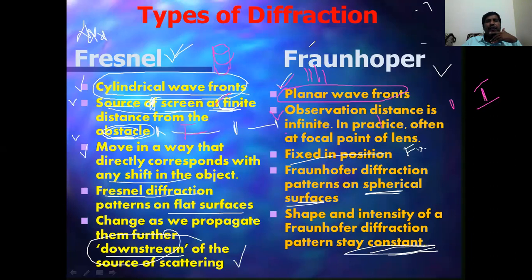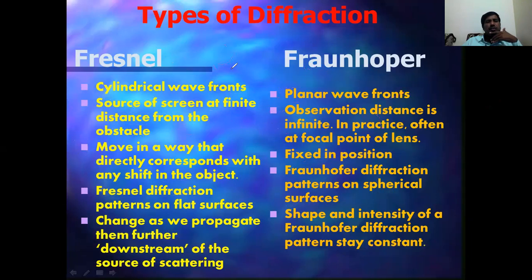So if a 4 marks question is asked, it's very simple. We use cylindrical and planar. Here it's finite distance, here infinite distance. Movable, fixed. Flat surface, spherical surface. Decreasing, constant. Any doubts, my dear students, my dear future scientists?